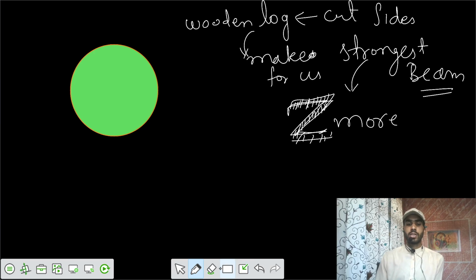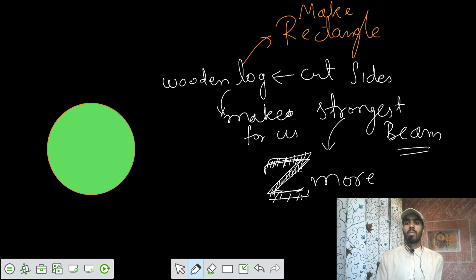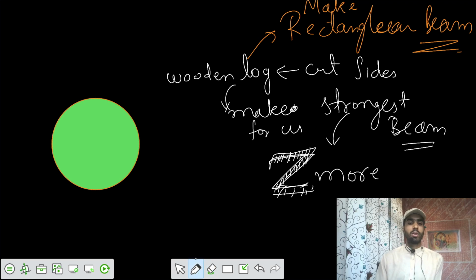Let's cut the section to make it. It's mentioned that you have to make a rectangular beam. Make for us a beam that's stronger, a rectangular beam. Let's say we are making a rectangular beam out of that.